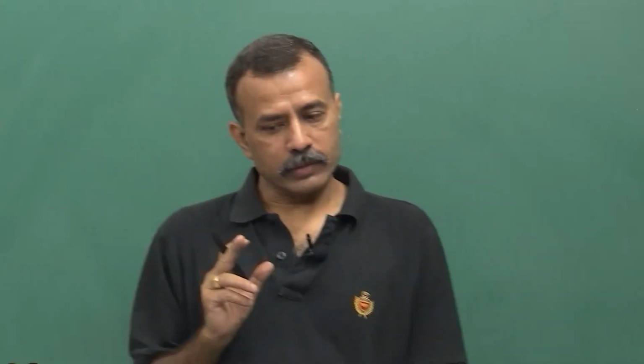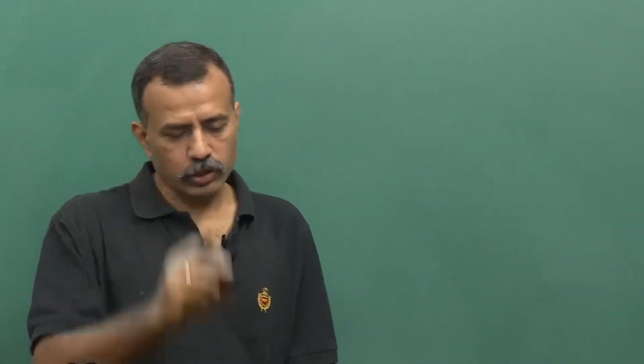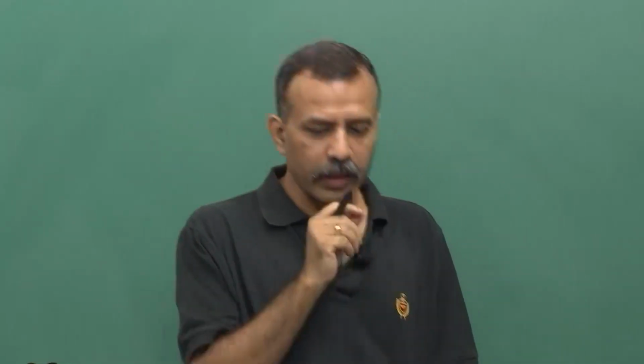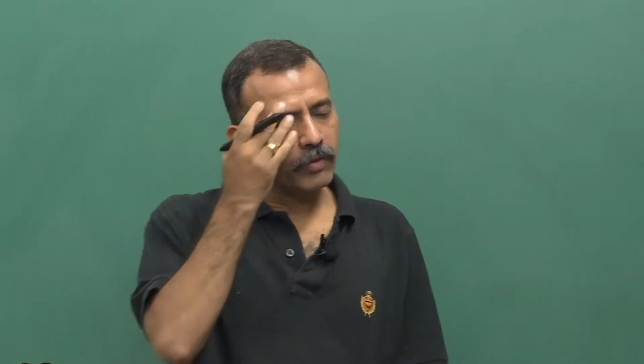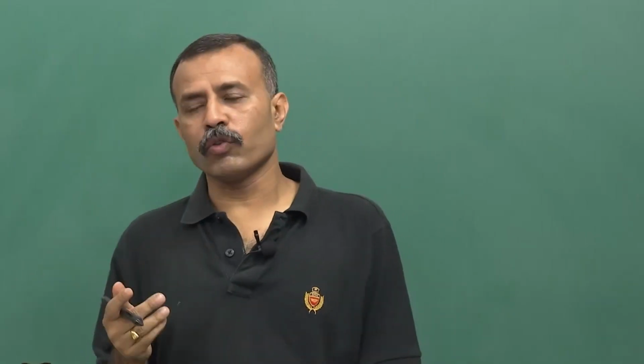They can do wonders. Now, that brings us to a very different paradigm altogether. The paradigm is this. This has been there for a long time and people are contemplating over it.